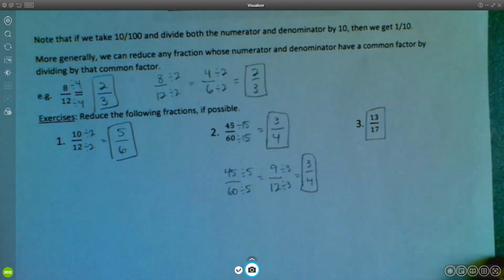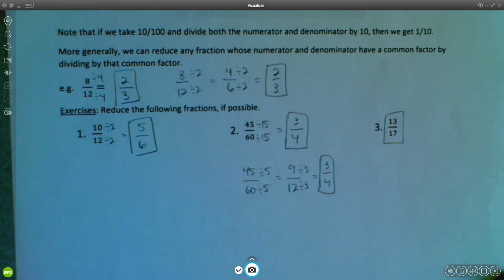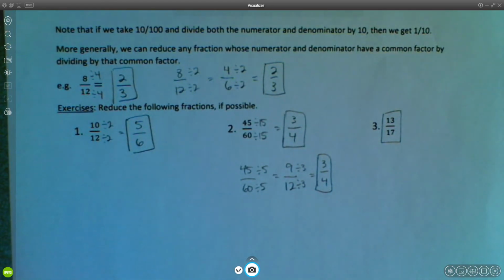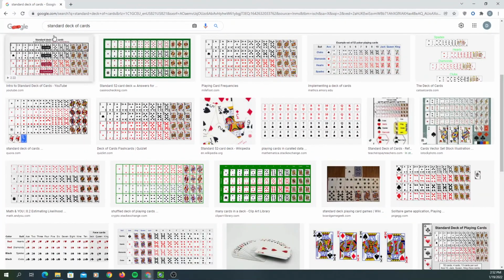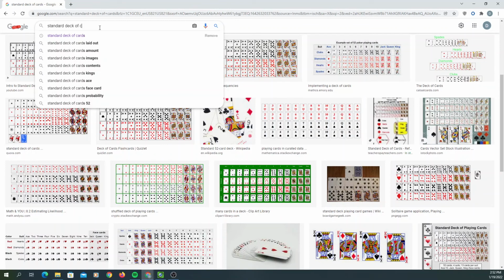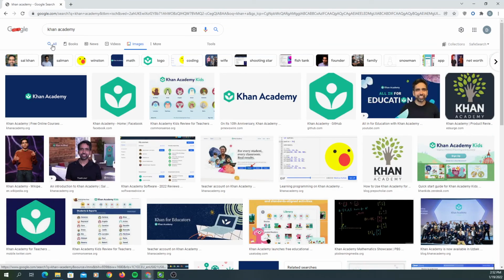That's all I want to say about reducing fractions. If you need some more practice, you can get onto Khan Academy and search for reducing fractions. Khan Academy is spelled Khan. So here, let's go Khan Academy. They have all kinds of free stuff. So there it is, Khan Academy.